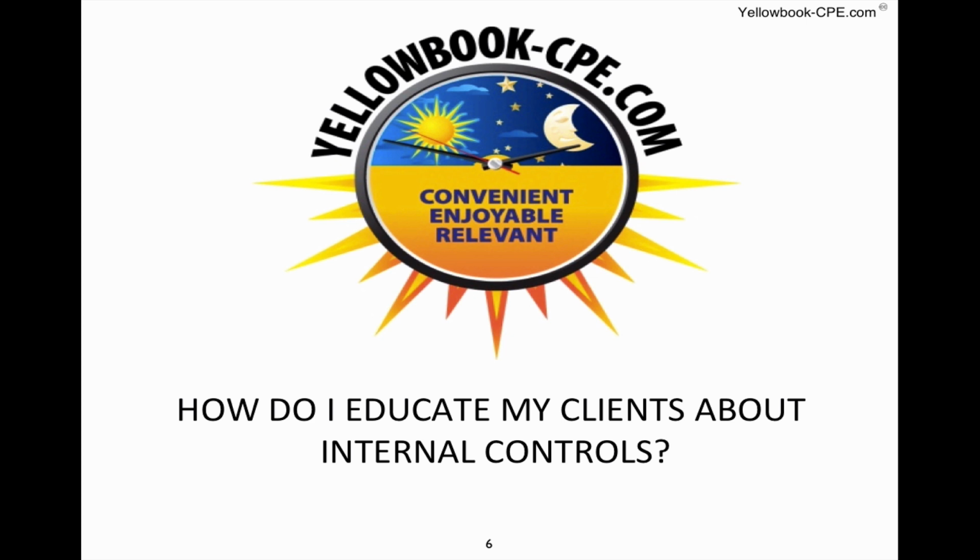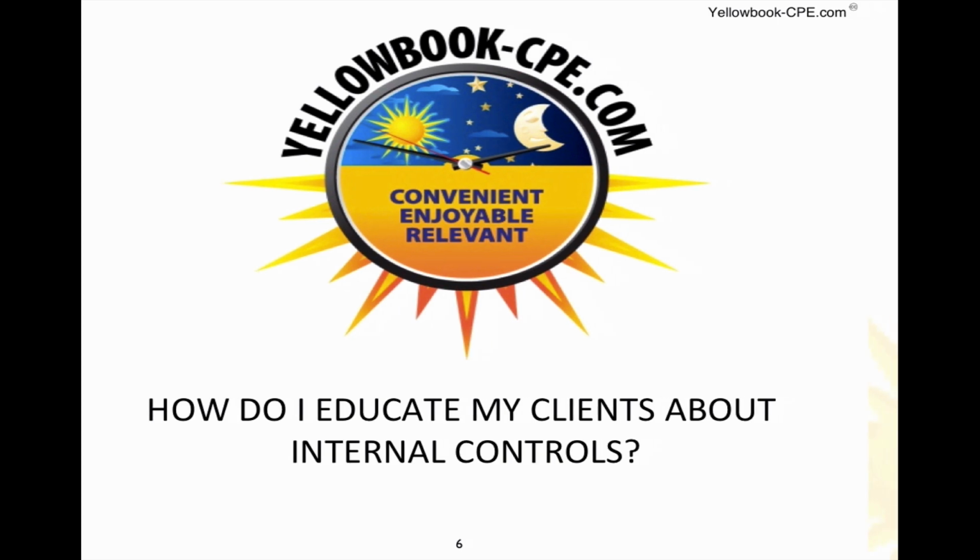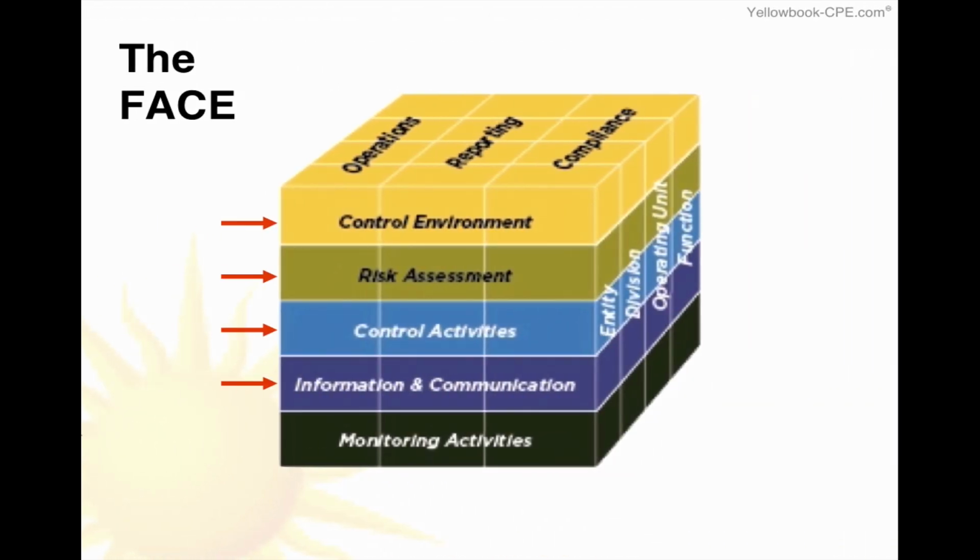So I regularly teach full day sessions to lay people who are not auditors, on internal controls. And I've learned a few things about how to approach the topic with lay people, and I'm going to share those with you right now. A few key things. First of all, you do not show them the COSO model until late in the day. If you start off the day showing them this model, they tend to flip out and become overwhelmed.